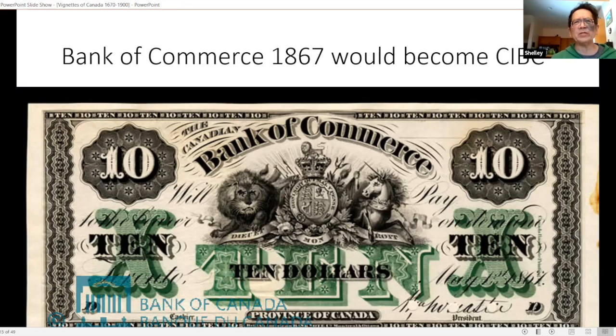So a lot of the major cities in Canada produced their own banknotes. Hamilton is another hotbed. Kingston, which was at one point thought to be a capital for Canada before the War of 1812. But they decided on Ottawa because it was a little bit further away from the US border.